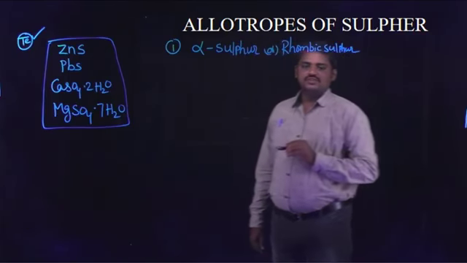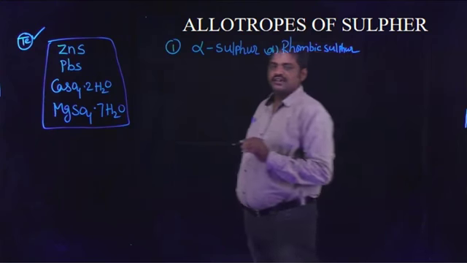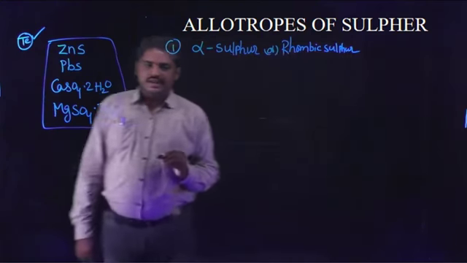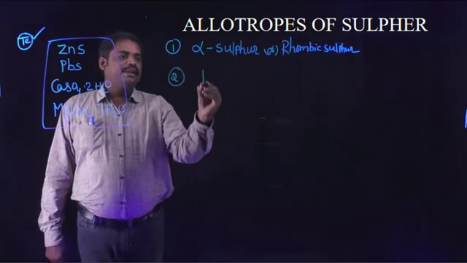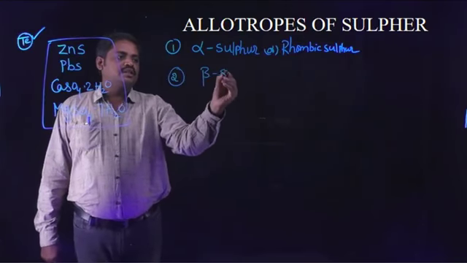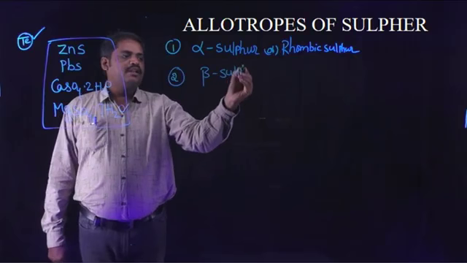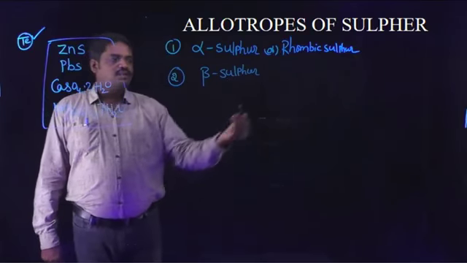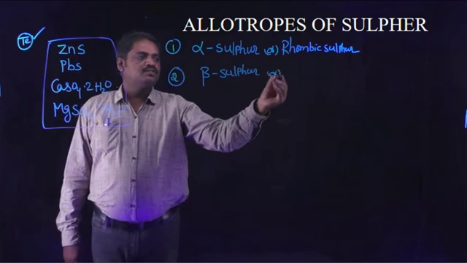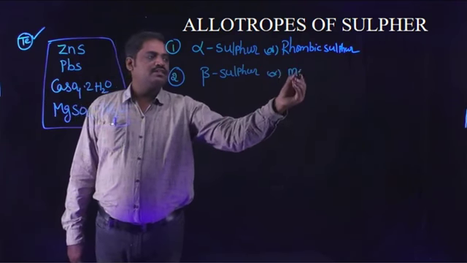The second one is beta sulfur, another name is monoclinic sulfur.